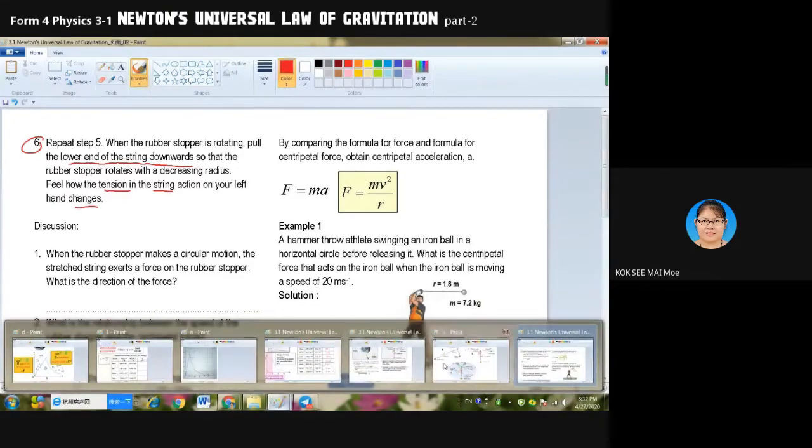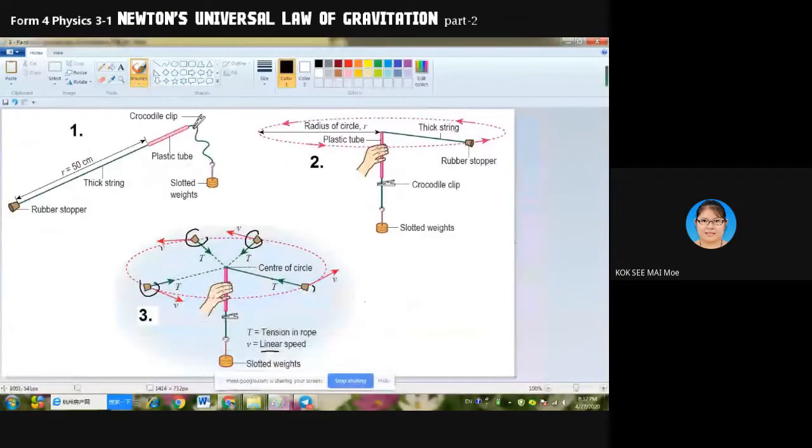I rotate it. Where does the tension go? Can you see all the T, where does it go? There you go. Can you see all the directions? Hello, where does the T go?